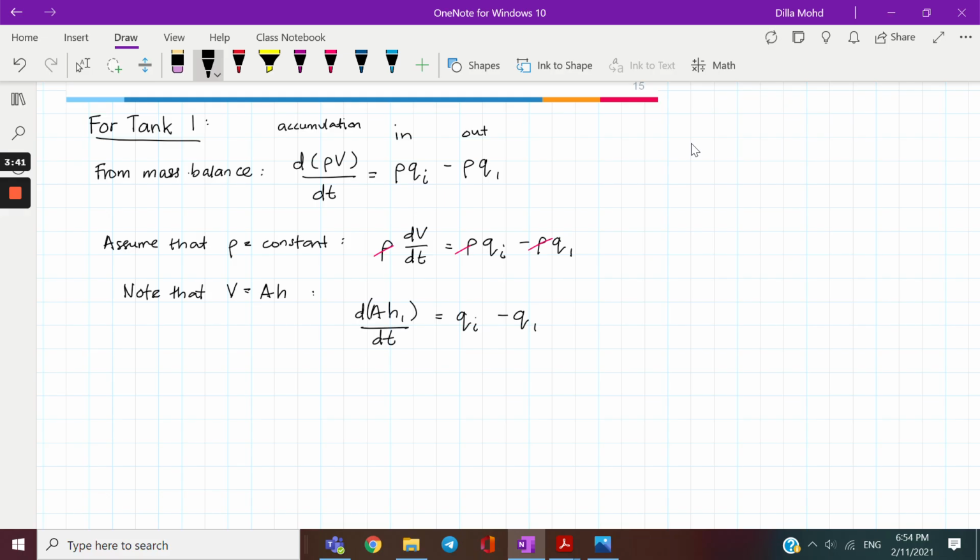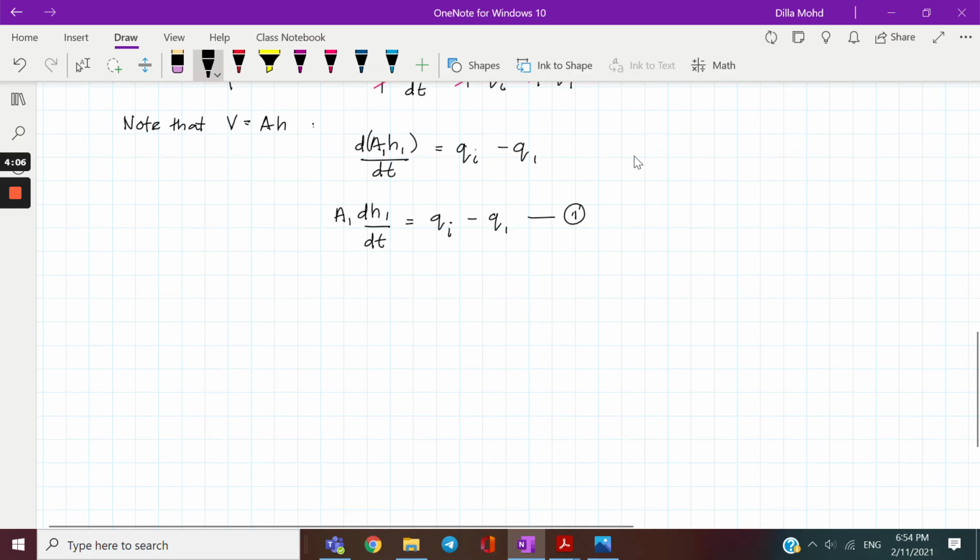This A1 is the cross-sectional area for tank 1, and we know that it is constant, so you can bring it out, and the only thing that varies is the height. A1 dH1/dt equals Qi minus Q1. Let's put this as equation number 1.